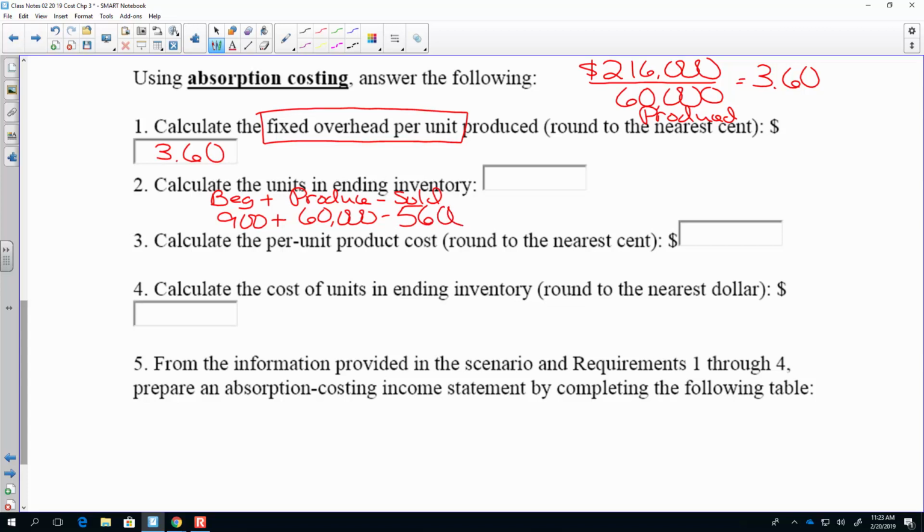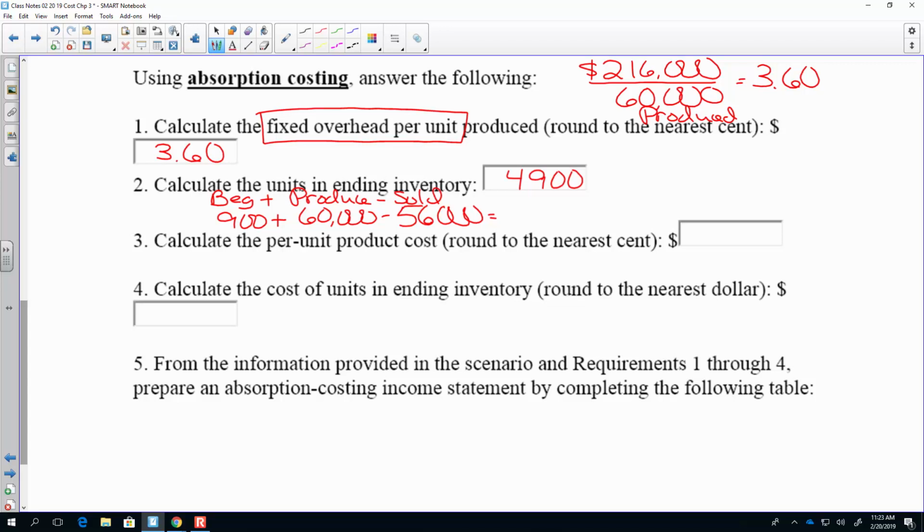That gives 4,900. Make sure you know that computation, because that influences our next amount too.